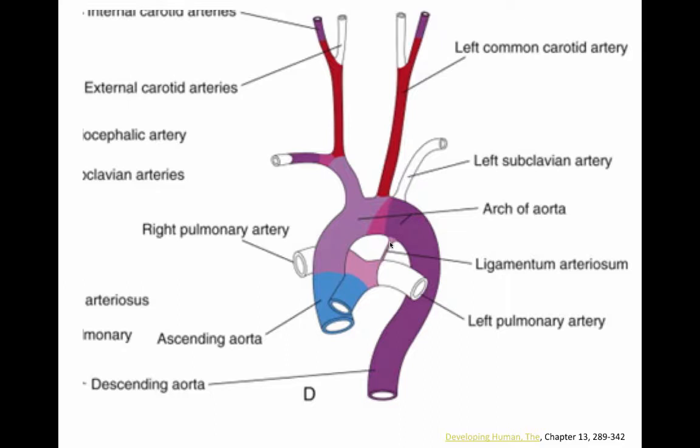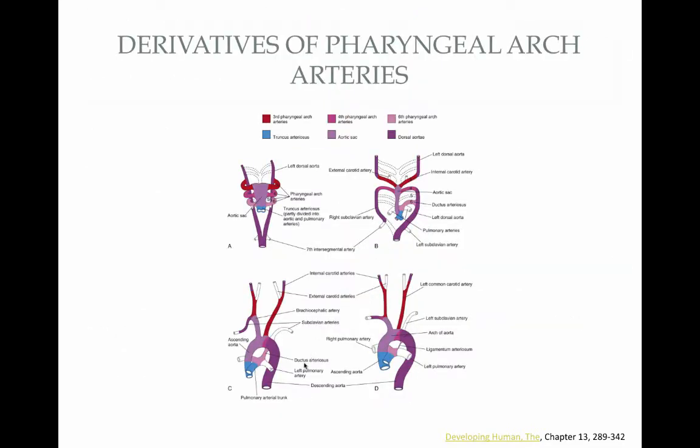We don't need to know that right now, but remember that is the distal part of that left sixth arch. And so this would probably be the better picture of that. Again, the ductus arteriosus. This would be after birth, and this ductus arteriosus becomes a ligamentum arteriosum because we don't need that communication there. So again, these are all images taken from the Human Development chapter, chapter 13.